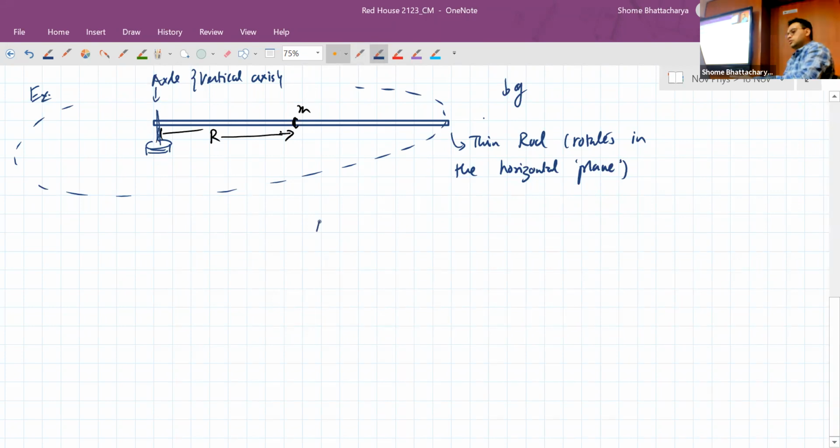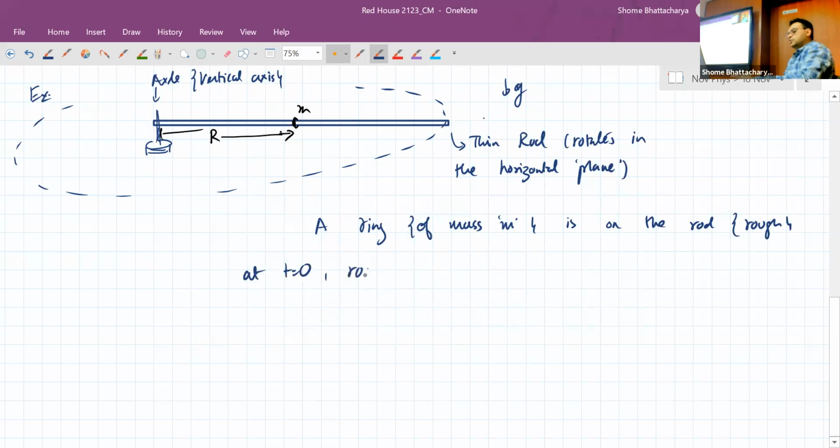So a ring of mass m is on the rod. Assume the surface of the rod is rough. Okay. Now at time t equal to 0, the rod starts from rest and is made to rotate at a uniform angular speed.